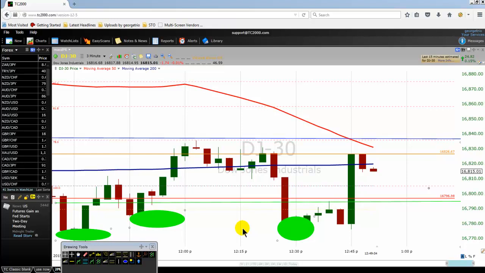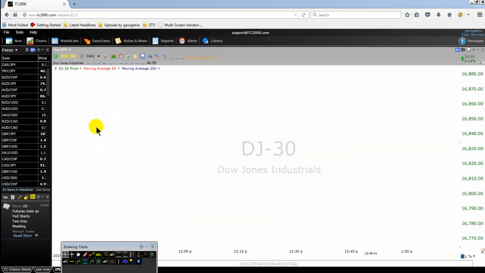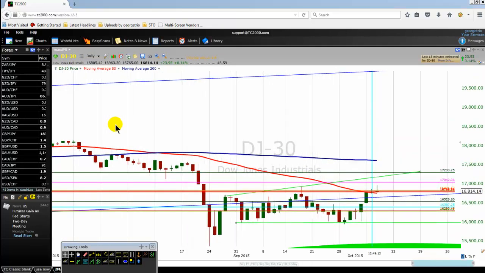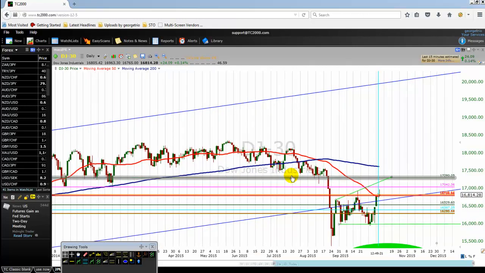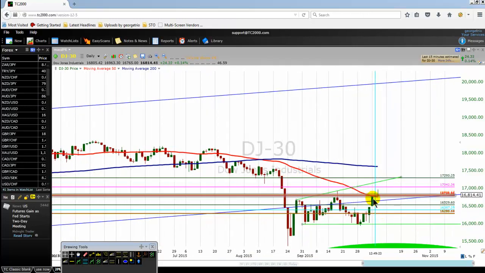As I explained to you, if you go back to the daily chart, a lot of traders see the price on the edge of the moving average 50, and I know that a lot of traders today will attempt to sell Dow Jones.